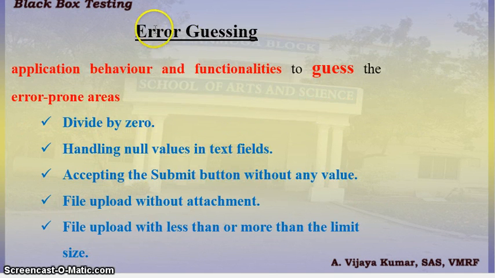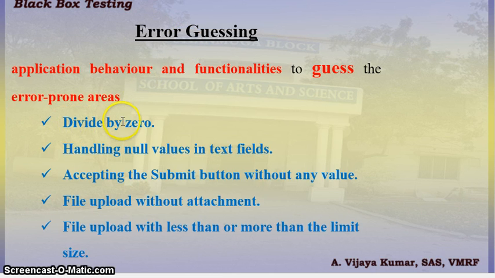Next one is very important, the error guessing technique. It uses the application behavior and functionalities to guess the error prone areas. What are all the possibilities of errors occurring? That will be guessed by using this testing technique, that is error guessing. What are the usual errors that should come?